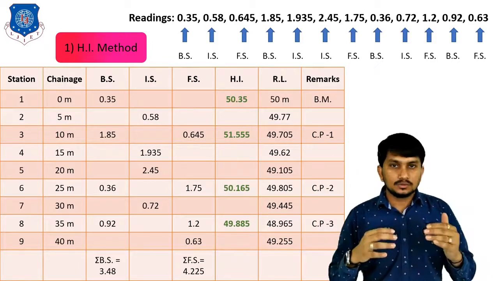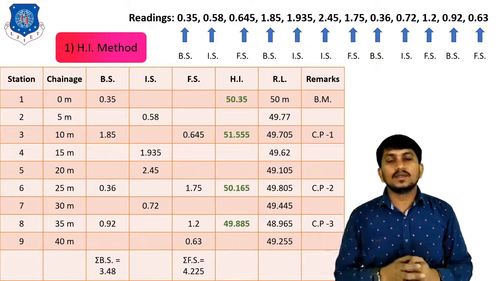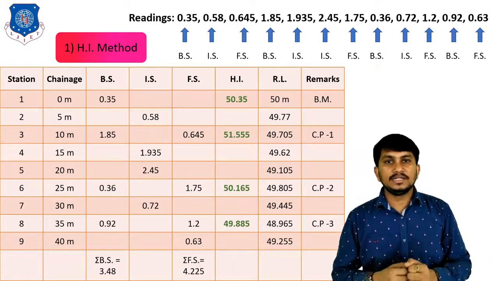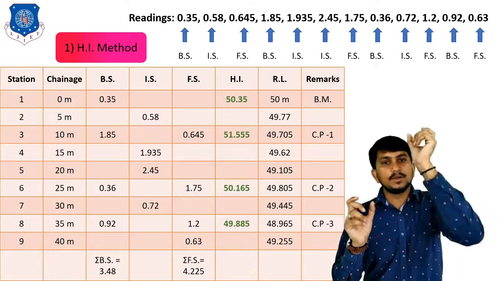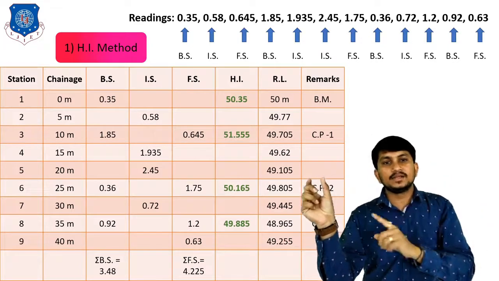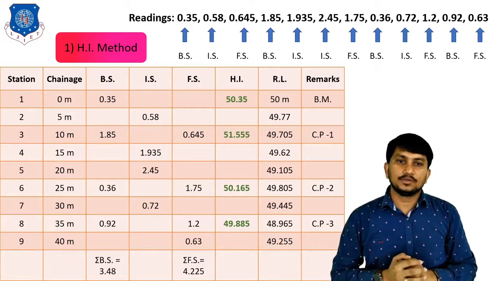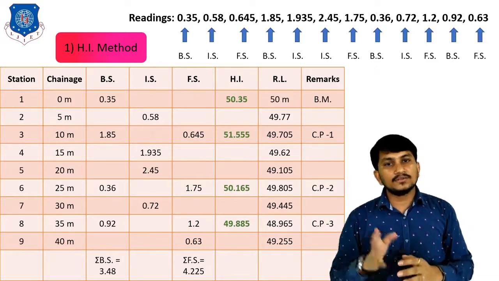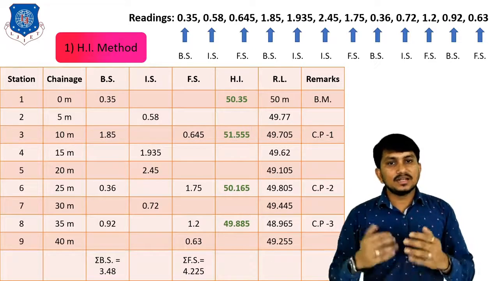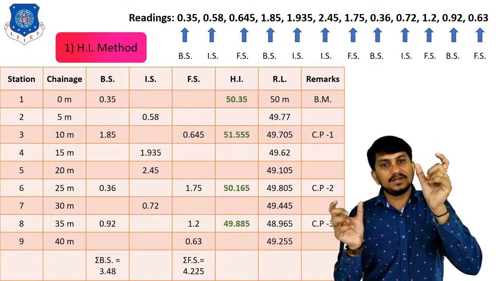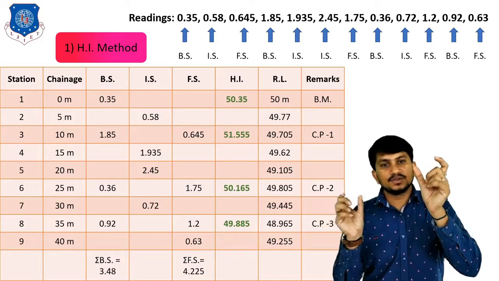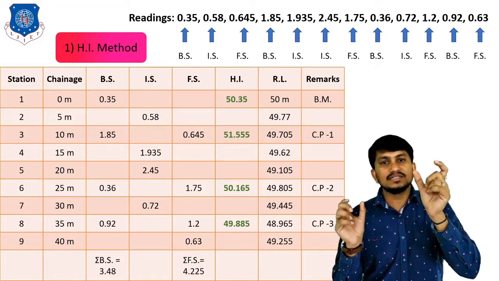Then to calculate the RL of the second station, we deduct the staff reading from HI. So 50.35 minus 0.58 gives the RL of the second point. To find the RL of the third point, in a similar way, HI minus the staff reading. Here in the third station, the staff reading is 0.645, which is FS.